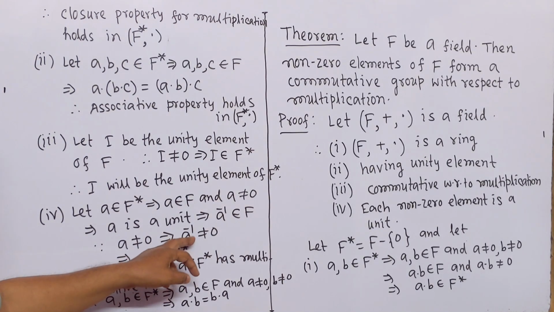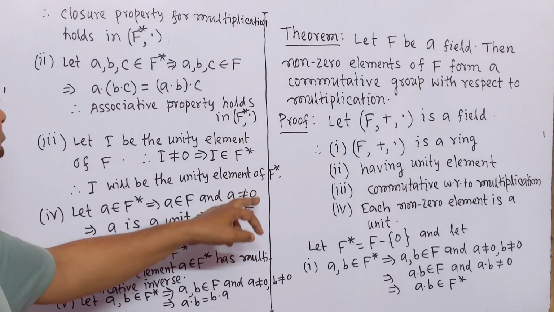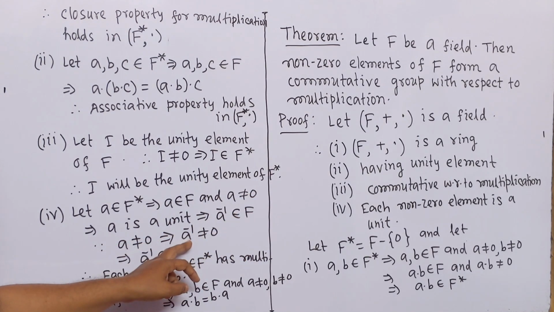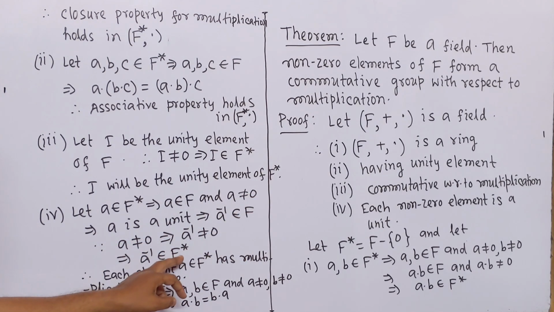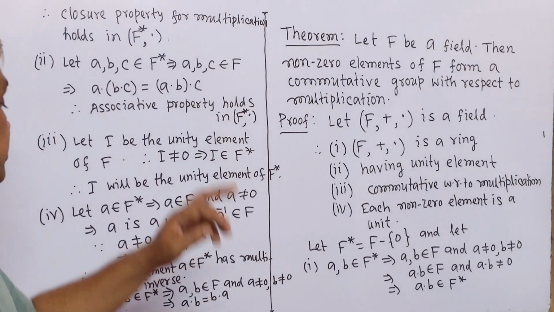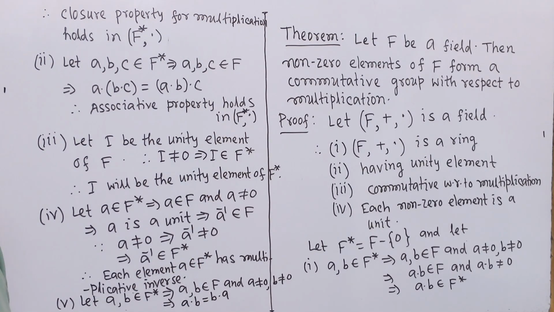Therefore, a inverse is a non-zero element of field F. Therefore, a inverse belongs to F star. Therefore, each element a belonging to F star has multiplicative inverse.